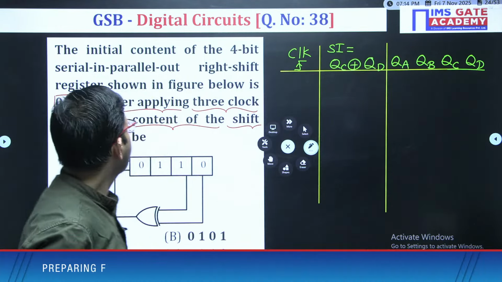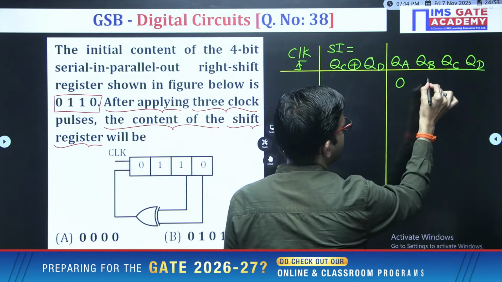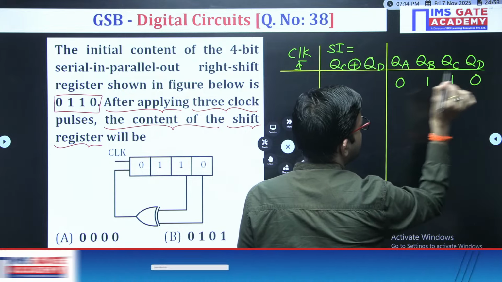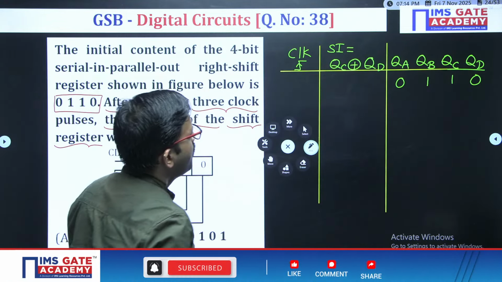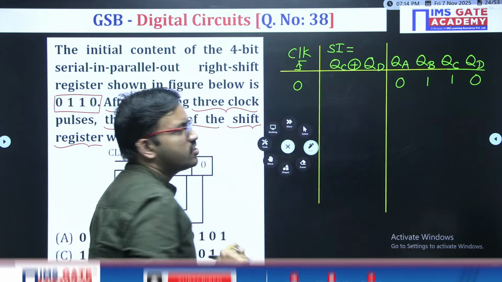Now initially they have given 0110. Before applying the first positive edge, the initial state was 0110.